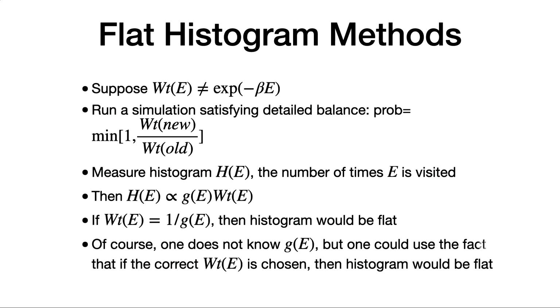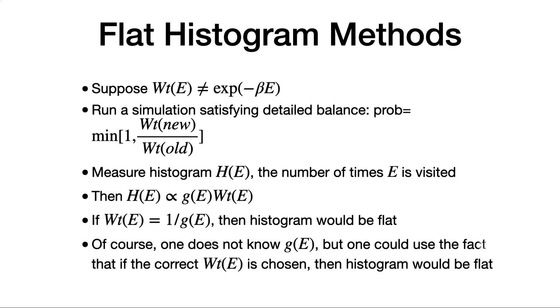You run a simulation like this. After some time, it goes through various energy values. Every time it goes to energy E, you update a histogram by 1. So you maintain how many times you have visited energy E, and I'll call this the histogram H of E. Now, given the weight of a configuration, I can ask what the histogram is going to be.